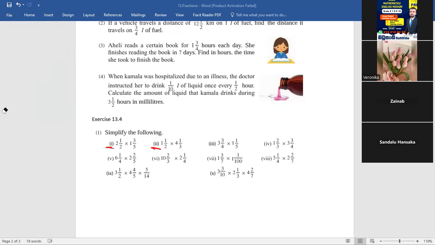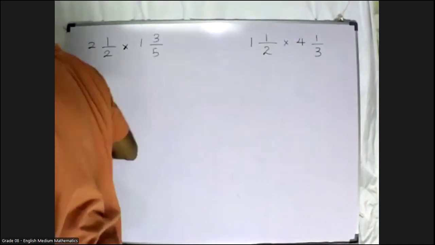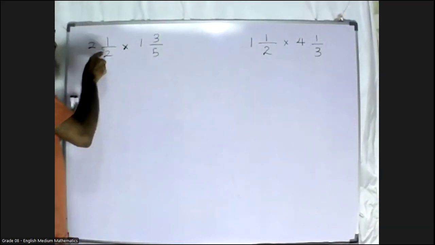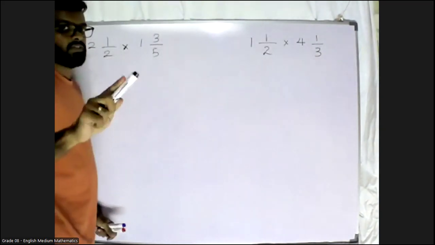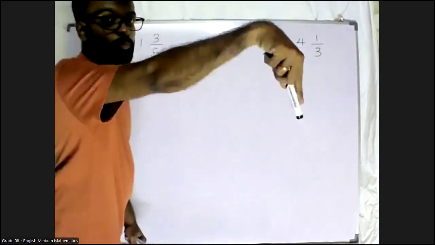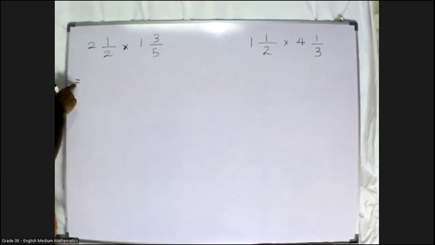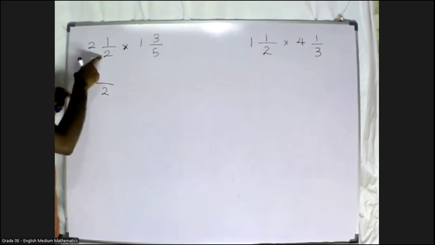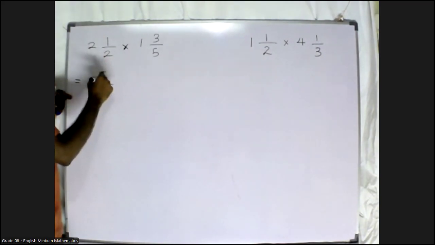Right, now I'm going to stop sharing. Now look at the book. Don't do anything now. Look at the book. Mixed number, mixed number. First things first, convert to improper fractions. Equal mark. Don't forget this. Denominator is 2. 2 times 2, 4. 4 plus 1, 5.